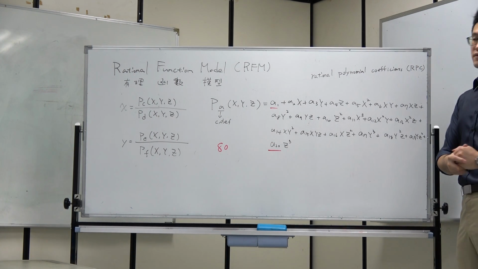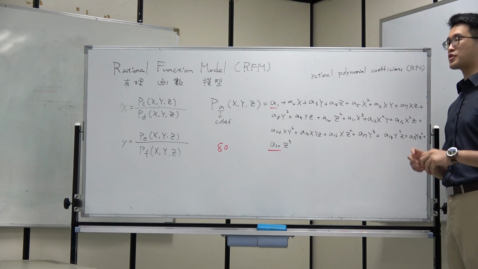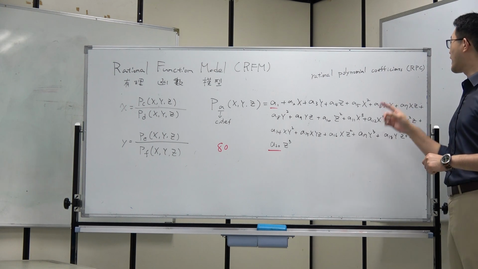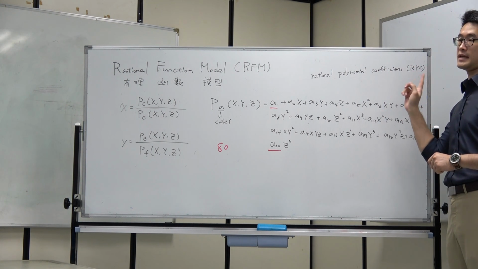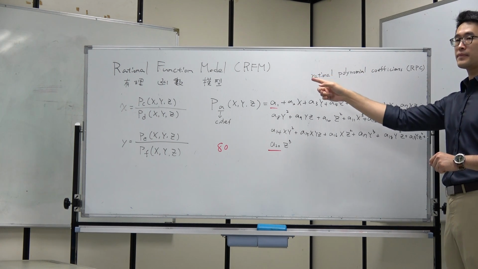And those polynomial coefficients have a specific term, which is called rational polynomial coefficients, or in short RPC. So RPC are the coefficients for the RFM.